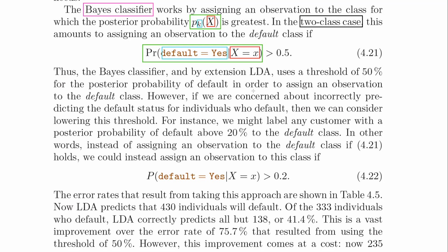However, if we are concerned about incorrectly predicting the default status for individuals who default, then we can consider lowering this threshold. For instance, we might assign any customer with a posterior probability of default above only 20% to the default class. So that's a decision, kind of like a manual intervention.